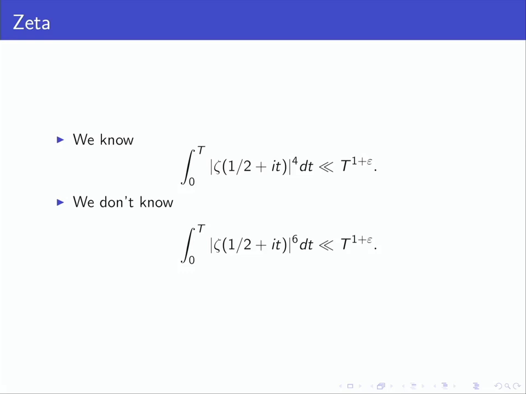You can call me on that later. But anyway, we have this fourth moment bound, but the sixth moment is wide open. That would be a big deal if we could do that. So for the zeta function, we can't go up. And the fifth moment, for the zeta function, I don't know how to make sense of that, so it sort of feels like we have to go up by 2.